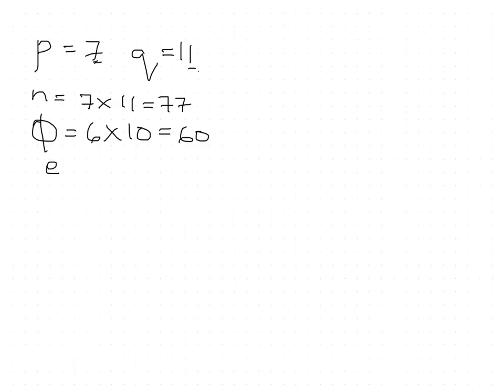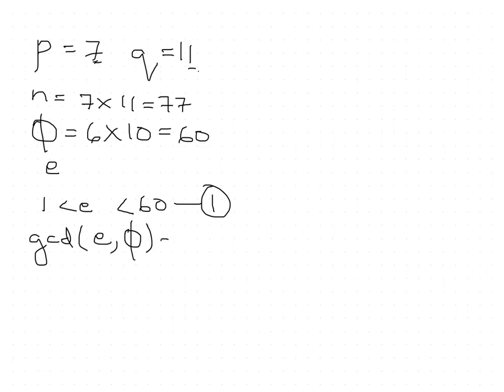You can choose any number between 1 and 60, right? Now this is the first constraint. The second constraint says that the GCD, or greatest common divisor, between e and phi has to be equal to 1.